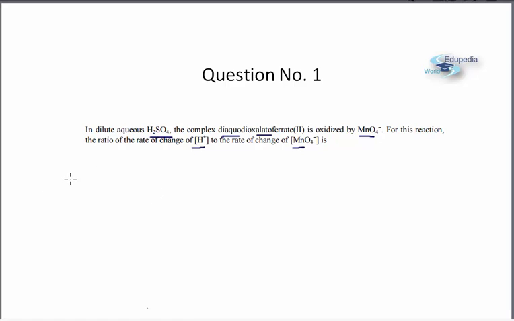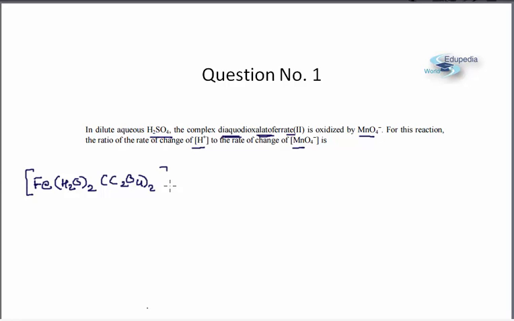The first thing I am going to do is write this complex for you. It says diaquo dioxylato ferrate 2. So obviously Fe is going to be there in +2 state. Diaquo would mean two H2O molecules acting as ligand, so it would give you (H2O) whole twice. Dioxylato would mean (C2O4) whole twice, and this would be my complex.